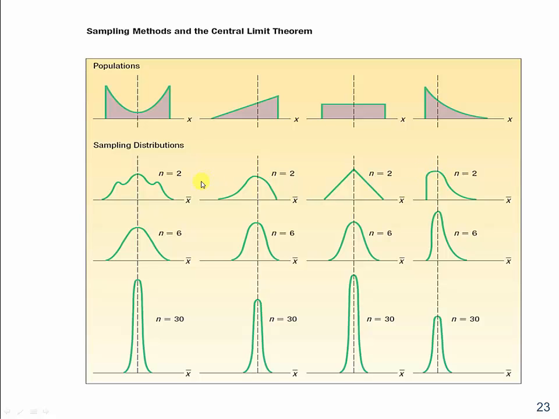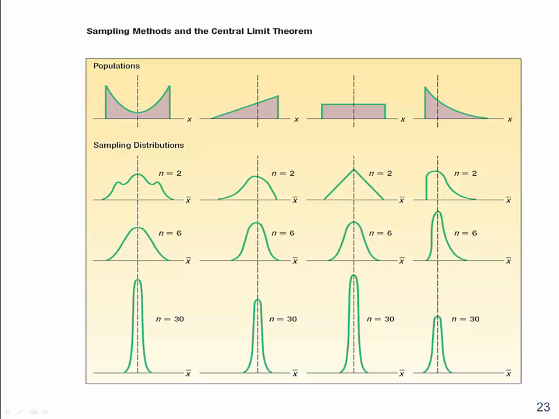But as you increase the number of observations, you approximate the normal distribution more, and that's regardless of the shape of the population distribution. The sample distributions converge on a normal distribution shape regardless of the population distribution. Most statisticians consider a sample of 30 or more to be sufficiently large for the Central Limit Theorem to be used.